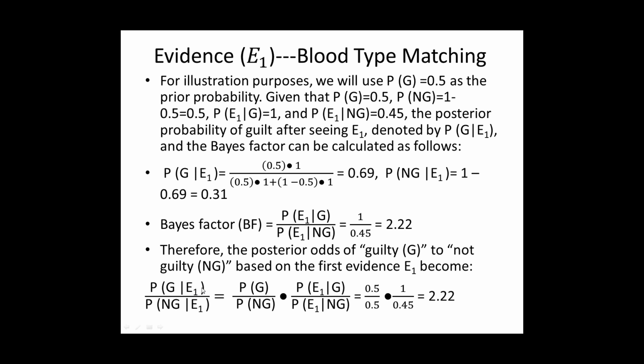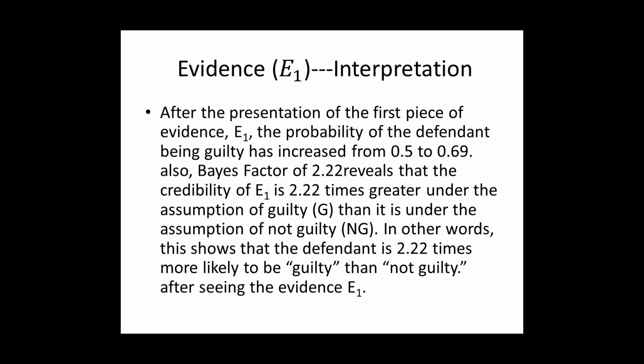So now we are going to use 0.69 as the prior probability, no longer 0.5. This is the cumulative nature, which is very practical. And then we plug all the numbers into the equations I showed you, equations 1, 2, and 3.